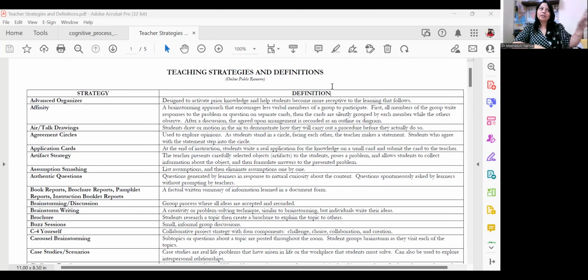Then each group visits each corner, reads the given topic or questions, and brainstorms about that. Then they move to another corner. This is a kind of carousel, as a carousel moves round and round, or up and down. You can go ahead and explore my channel for this activity too. I'll be sharing the link in the description box also for your convenience.